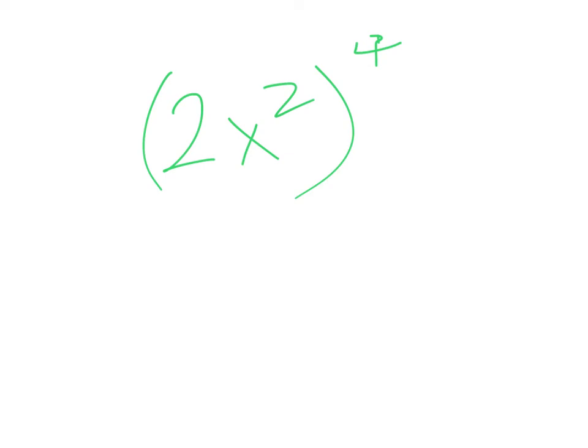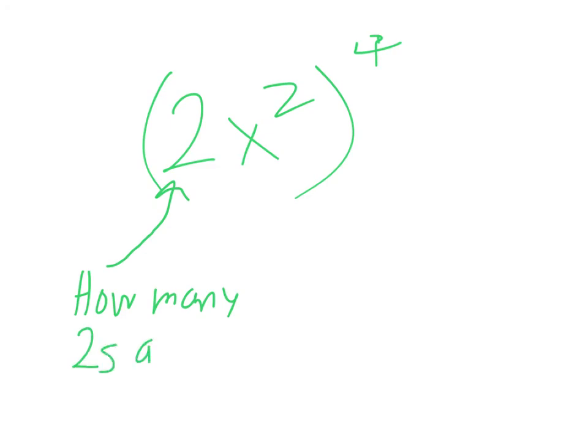The exponent here is invisible. And all you have to do is ask yourself this question: how many 2's are there? I know what your answer is going to be. 1.